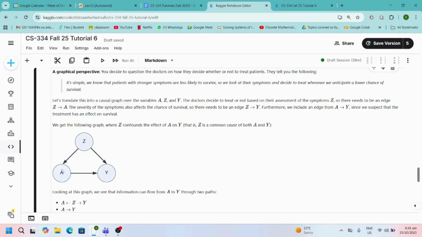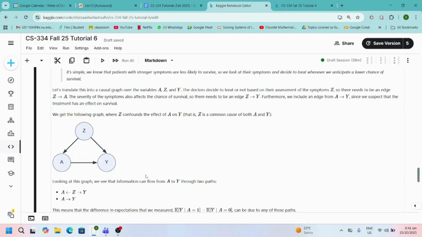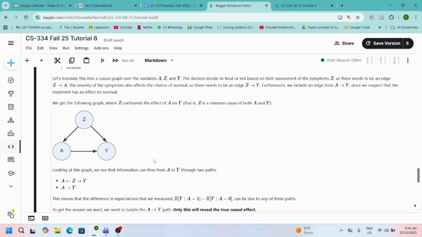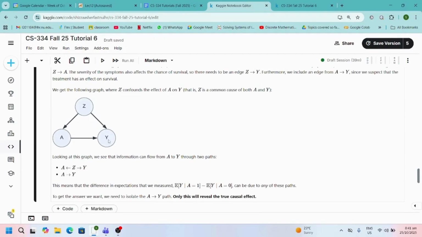Z is a confounder. In order to isolate the effect of A on Y, I have to be able to control for Z. So this is what the causal directed acyclic graph comes out to be. There are two paths between A and Y. जो पहली वाली path है, that path is transmitting spurious correlations from A till Y.